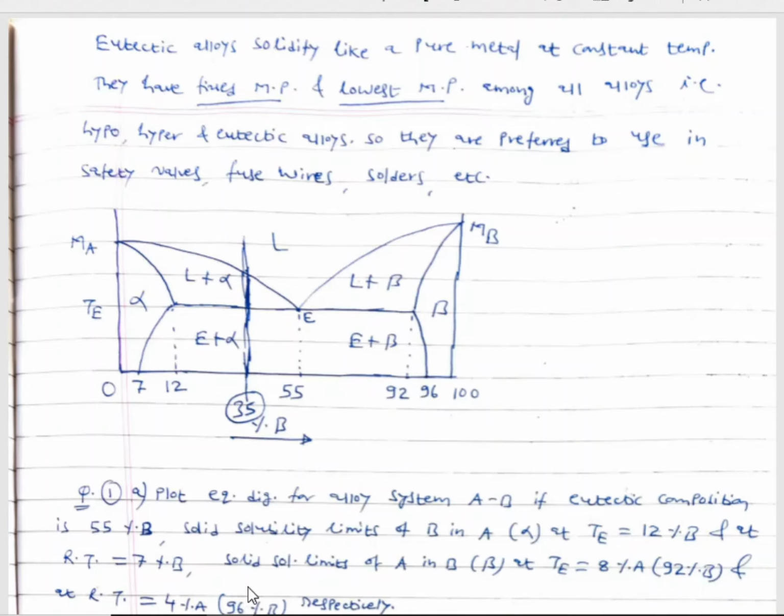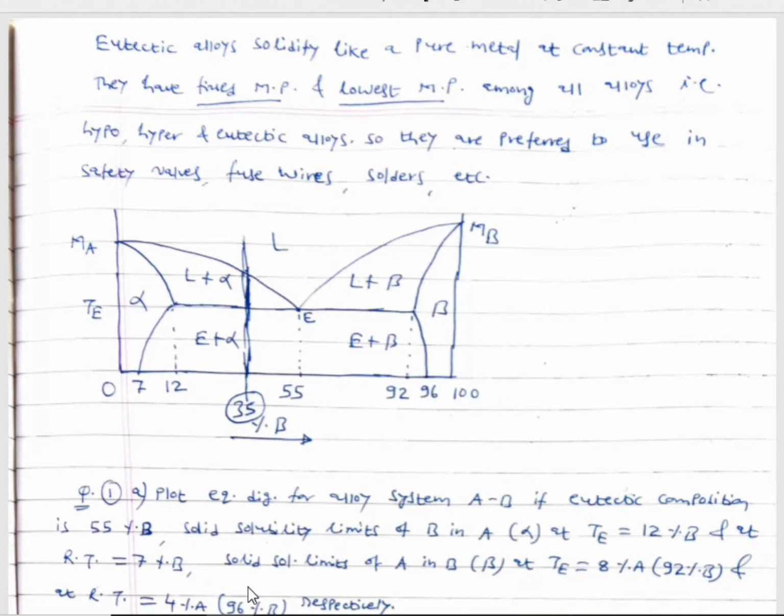So point E corresponds to TE temperature, while Ma and Mb are the melting points of metal A and B. So in other alloys, the melting point will always be more than point E.